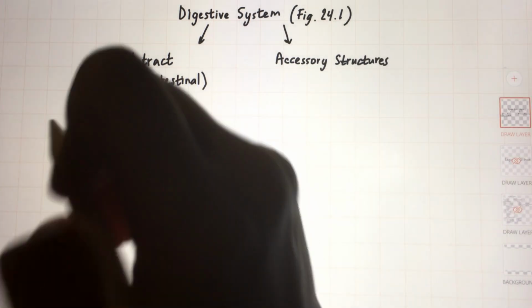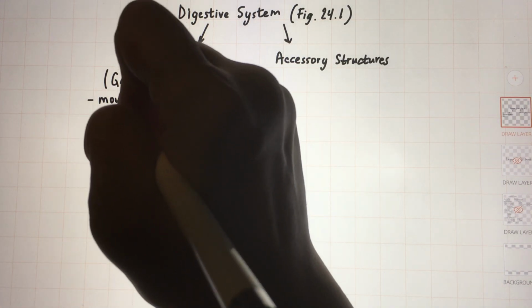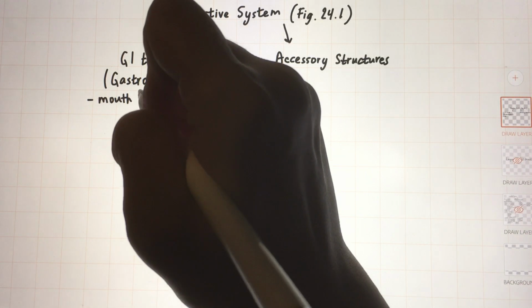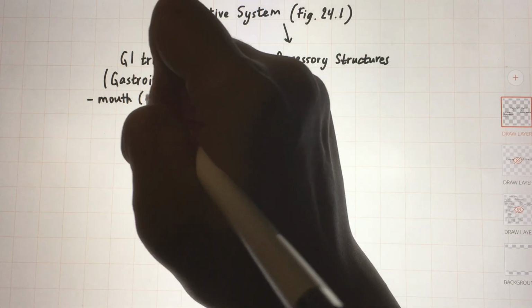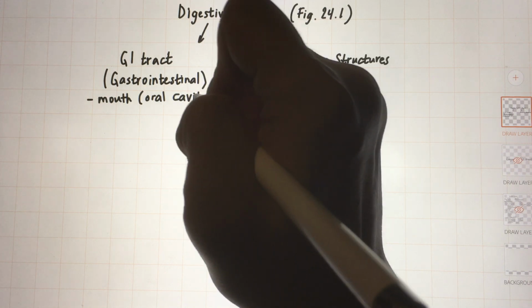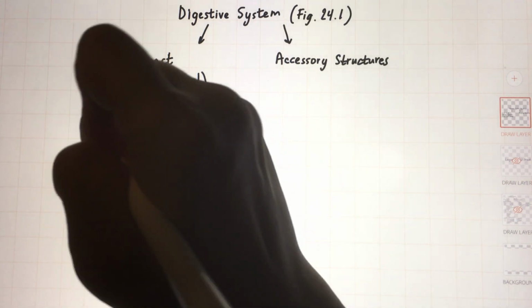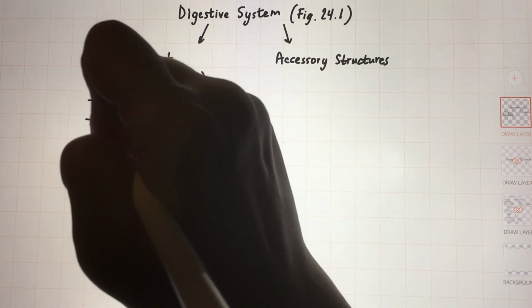The GI tract begins at the mouth. The space inside the mouth is called the oral cavity. The mouth turns into the throat. The throat is called the pharynx.